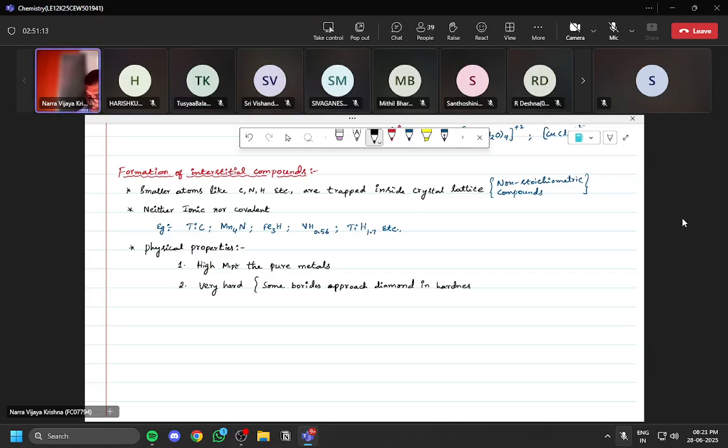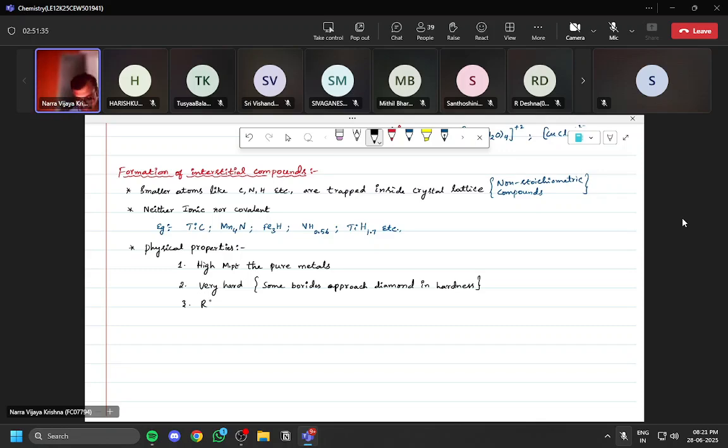Boron nitride is harder than diamond. To cut diamonds, we use boron nitride, right? Silicon carbide is also such a compound having high abrasive nature.